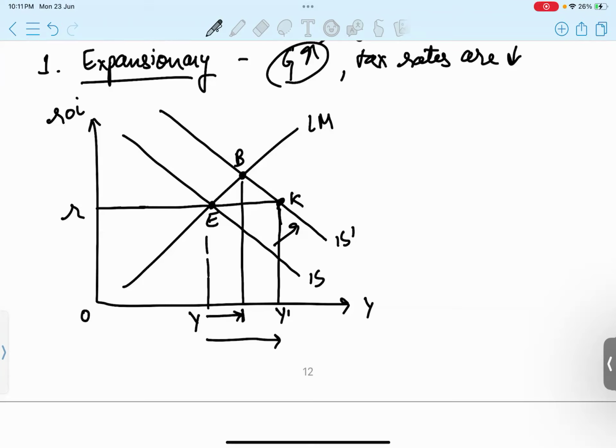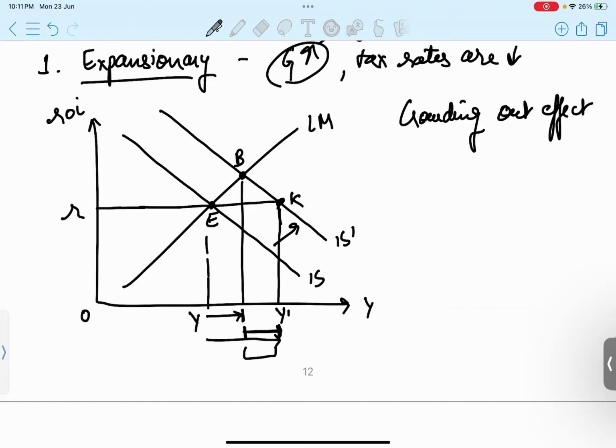So what about this portion? Why are we not seeing it transmitted into an increase in real income or the real GDP of the economy? This is known as the crowding out effect.